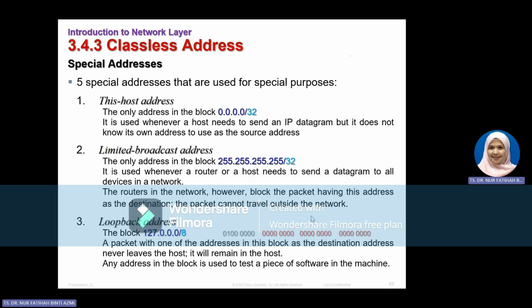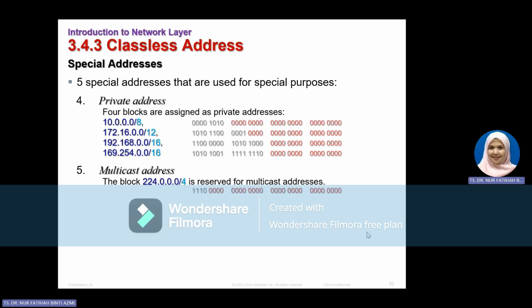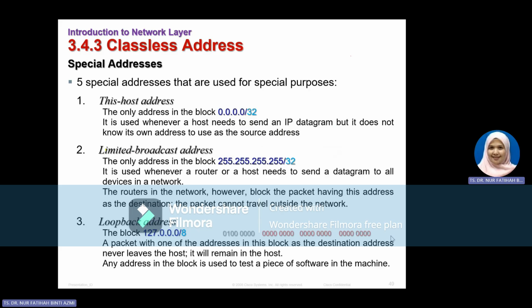The second one is the limited broadcast address. This is used when the host or router needs to send a message to all devices in the network.